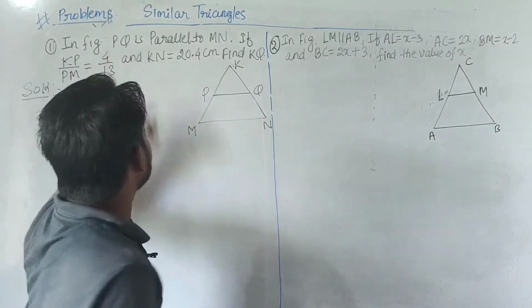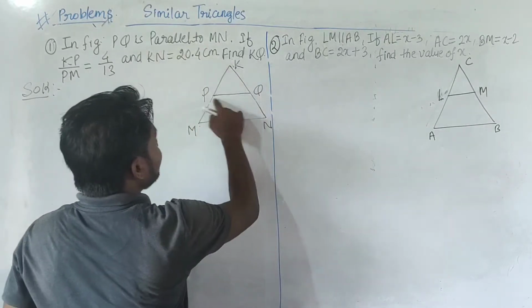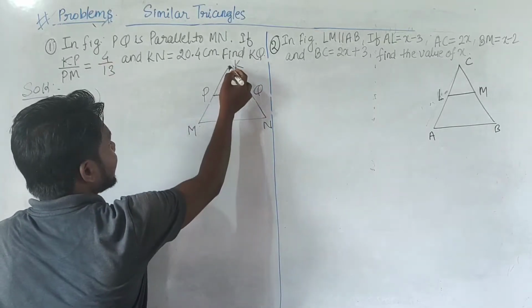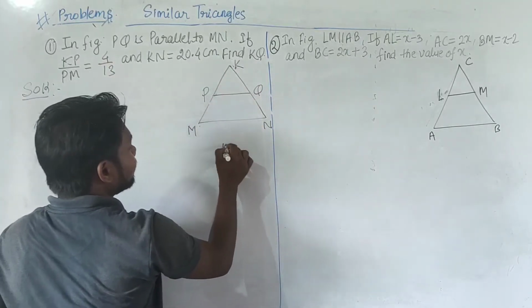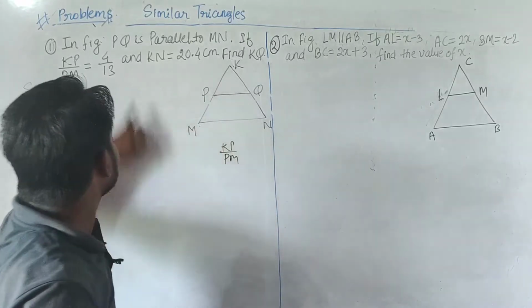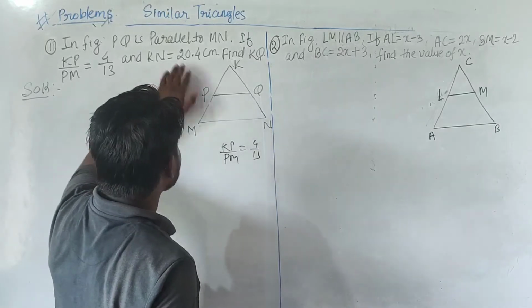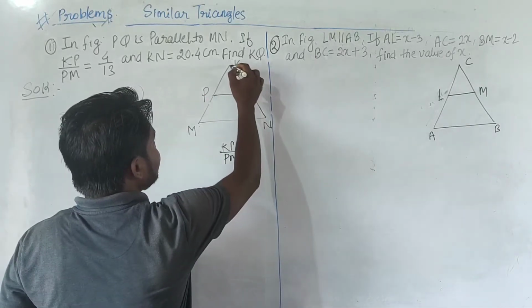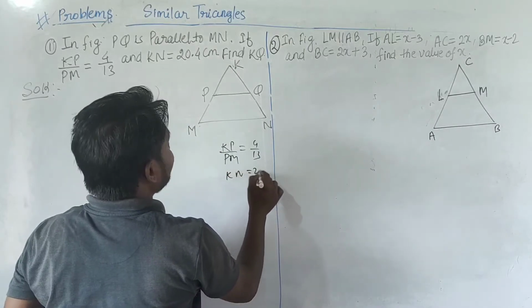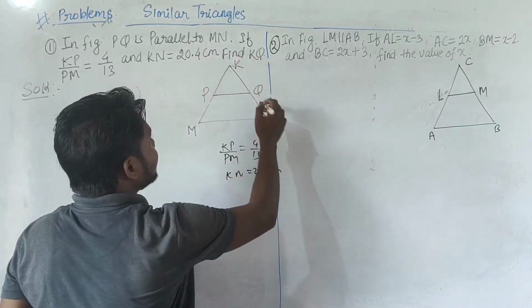You can see PQ is parallel to MN, and KP by PM is 4 by 13, and KN is 20.4 centimeter.